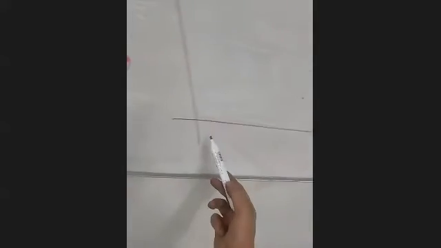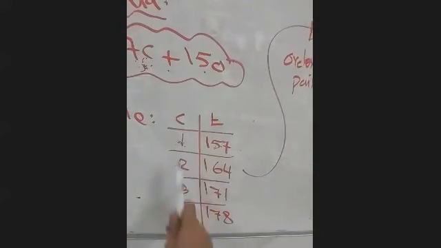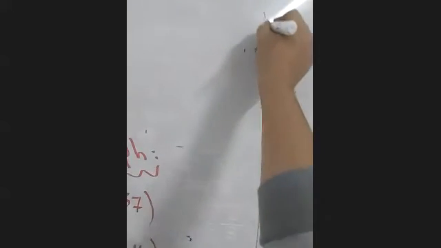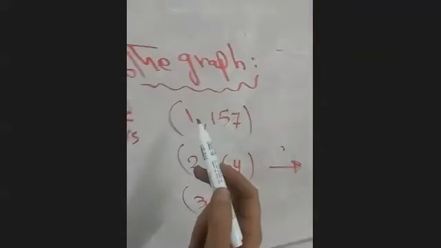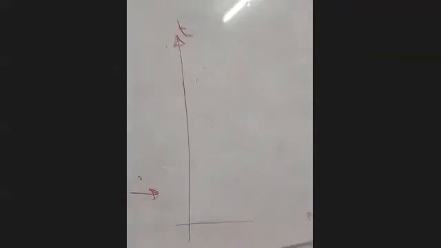So here, guys, this first column is the independent variable, which is C. And here is the dependent variable, which is T. Now in your book, on the second page, there is a graph. You have the numbers, right? Now, tell me, Ibrahim, how do we plot 1 and 157 in the coordinate plane?